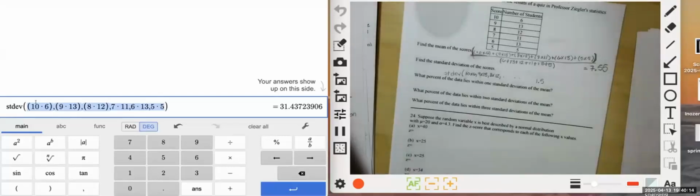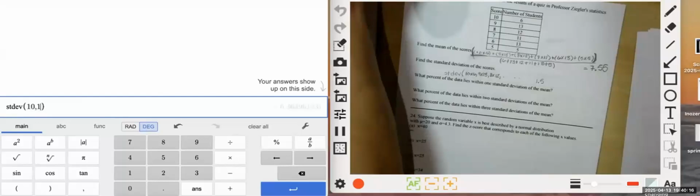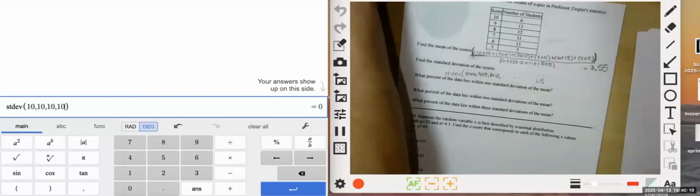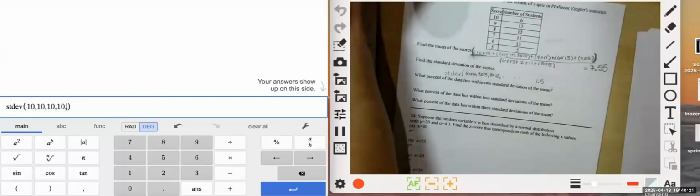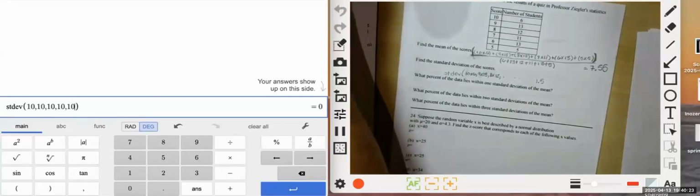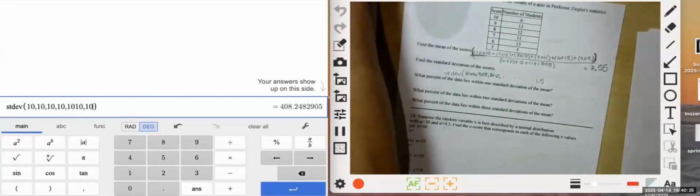I guess not. I guess you have to do 10, comma, 10, comma, 10, comma. You get 6 of those. I swear I thought I did it without having to type in all of them, but I guess not. 1, 2, 3, 4, 5. 2, 3.